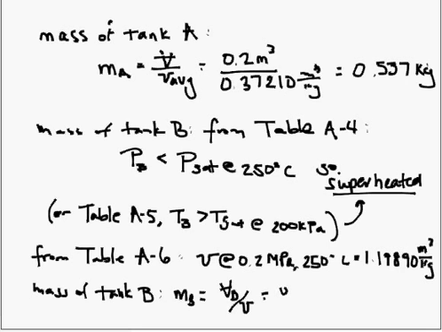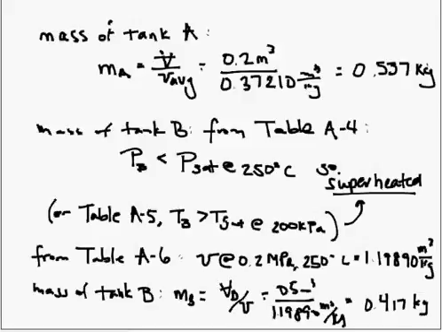And when we plug in those values, it's 0.5 cubic meters over the value we just found, 1.19890 cubic meters per kilogram. And when we solve for that, we find that we have 0.417 kilograms of water initially in tank B. Okay, now to the next slide.